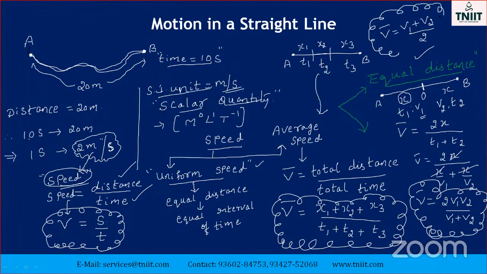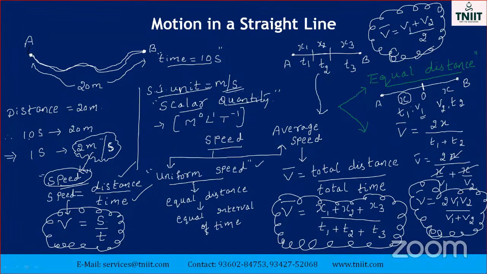So what is the average speed if it covers equal intervals of time? If the body covers equal intervals of time, then the average speed is given by V1 plus V2 divided by 2. Please remember these two important formulas for your competitive level.